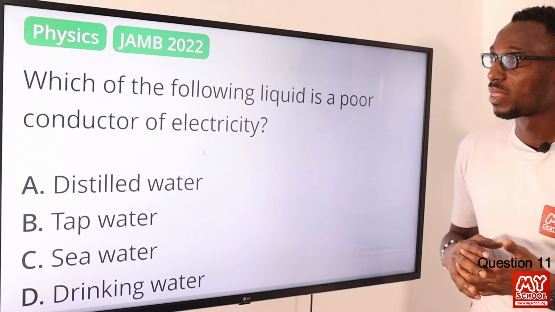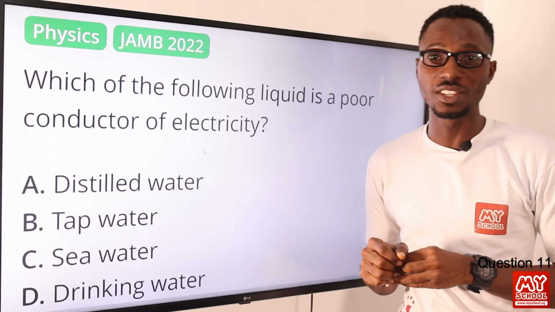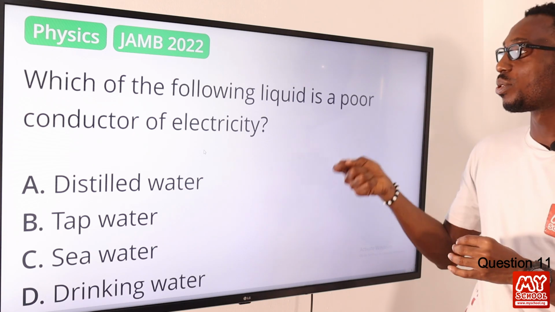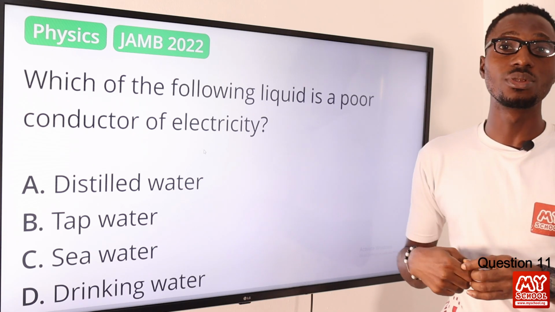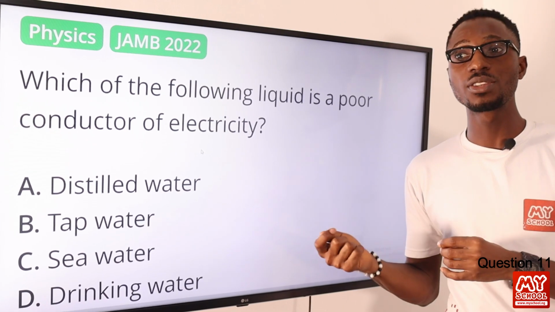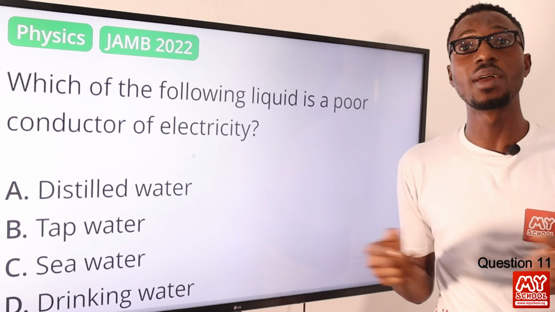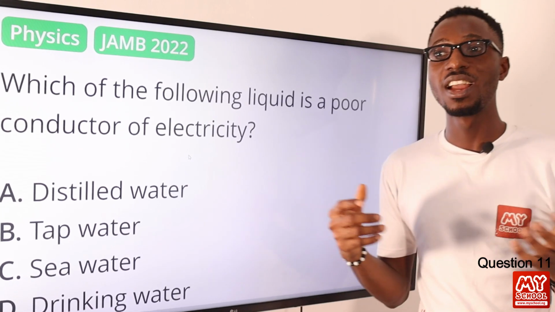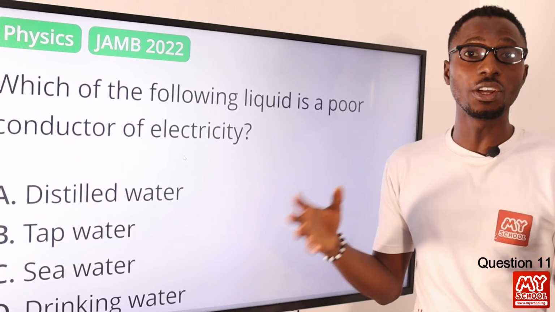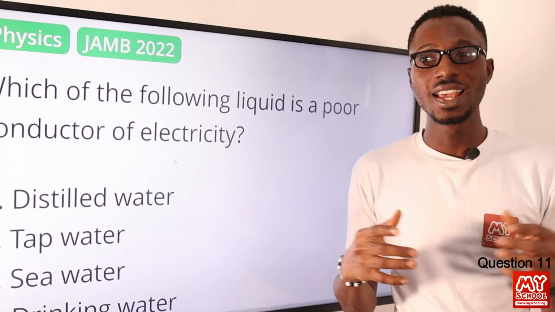Question 11. Which of the following liquid is a poor conductor of electricity? So for a liquid, water in this context, to conduct electricity, it requires ions, right? And for there to be presence of ions, you're talking about solutes. Sometimes you can refer to them as impurities. These are actually what serve as the vehicles of transmitting or conducting electricity.